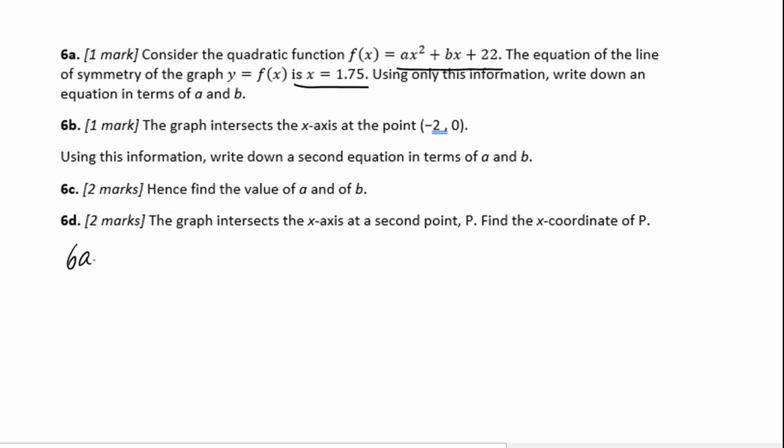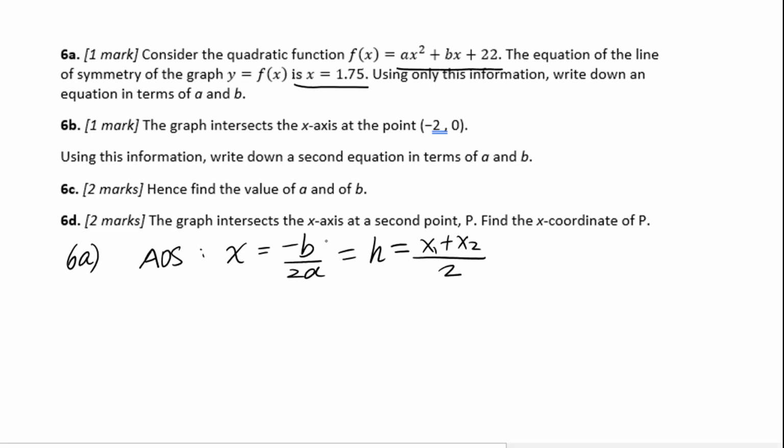So for 6a, we do know for the axis of symmetry that x equals negative b over 2a, which equals the x coordinate of the vertex, or equals x1 plus x2 over 2.